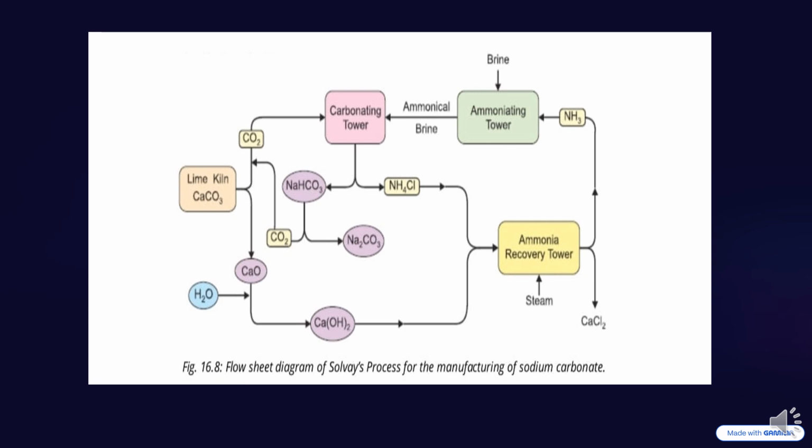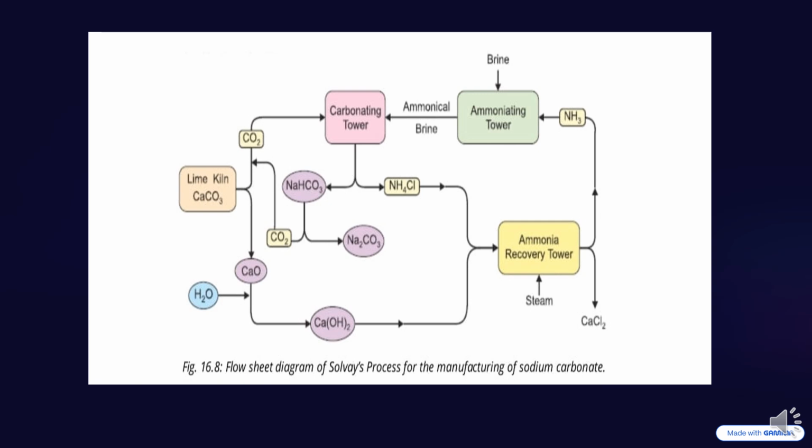Sodium bicarbonate is further heated to produce sodium carbonate, the material that we want to prepare. Another benefit of this step is the production of carbon dioxide, which is fed to carbonating tower or reutilized. Further supply of carbon dioxide is done by the lime kiln, which is attached with the process, where calcium carbonate is heated to produce calcium oxide and carbon dioxide.